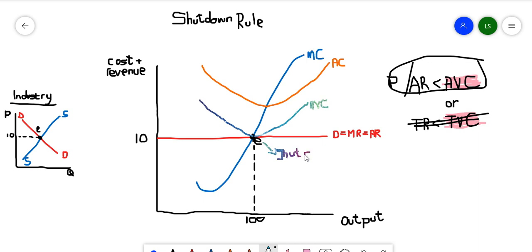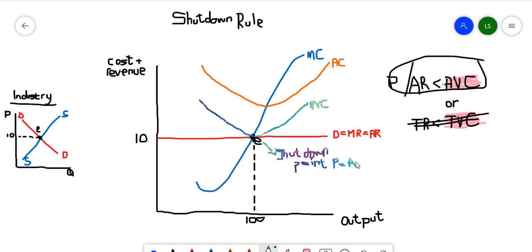If you don't indicate it physically, you are not going to get the marks for it. That is my shutdown point. On the graph, it will be where my price equals my average variable cost.